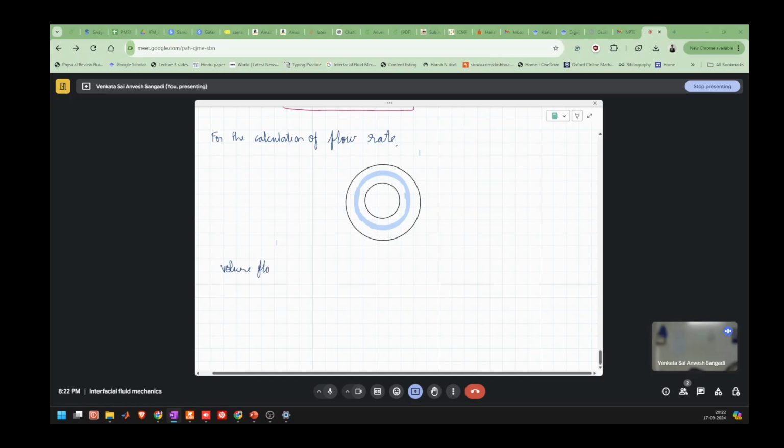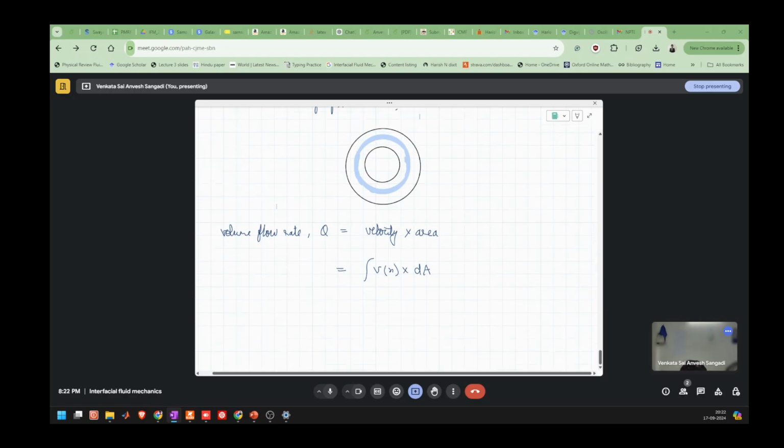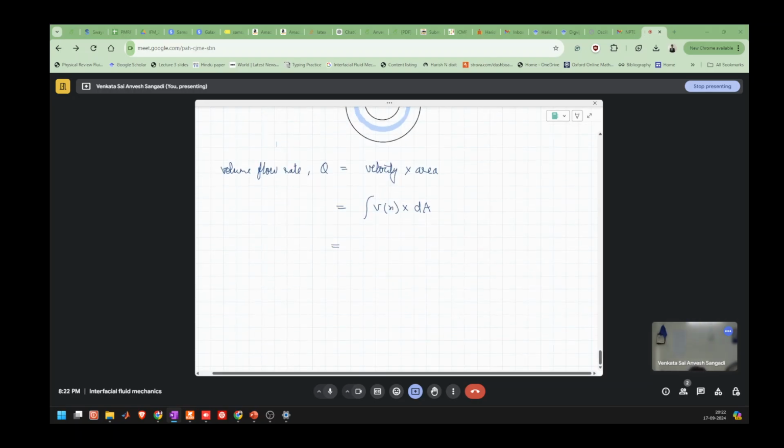Volume flow rate Q is written as velocity times the area through which it's flowing, which is equal to the summation of V of x into dA. Then we can write V of x into 2 pi x dx. So the area of the small strip is 2 pi x dx.